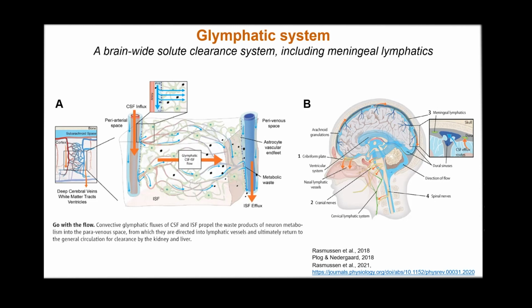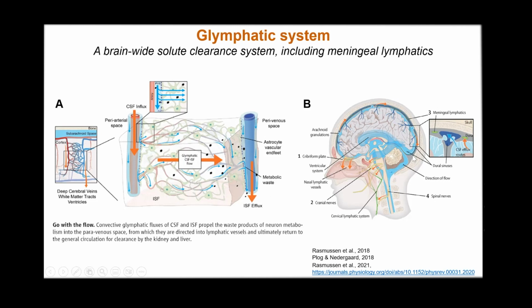Some part of it is drained into the meningeal lymphatics, which is another newly discovered system, part of which also acts together with the glymphatic system. And the others will also be absorbed into the arachnoid granulation, which is an old concept that has been described in the textbooks. And ultimately, it gets drained into the systemic lymphatic system.